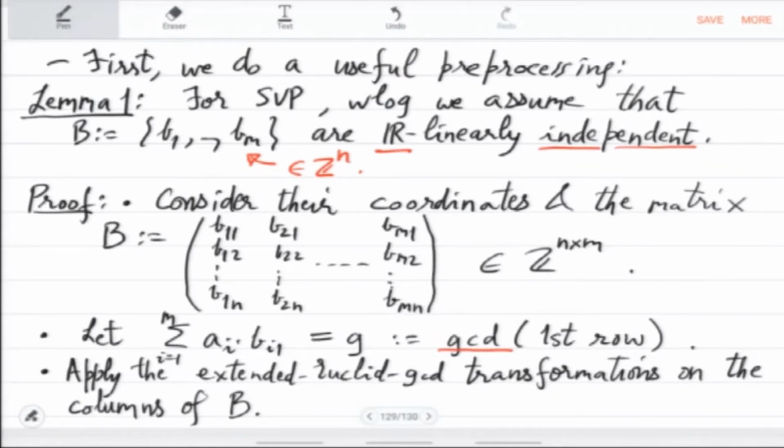Ultimately what you will have is the GCD G in the top left corner.